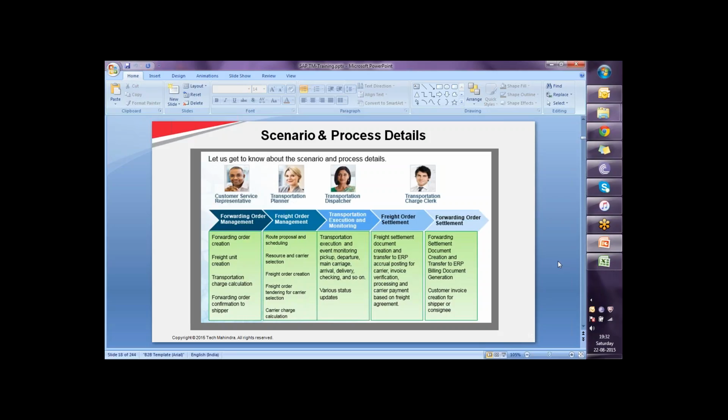I'll give you one basic difference between ocean and air. It's basically planning and charge calculation. In ocean, you always have contract rates. You negotiate rates with ocean carriers. There is no authority globally who controls the rating mechanism, the charge mechanism, for ocean liners.